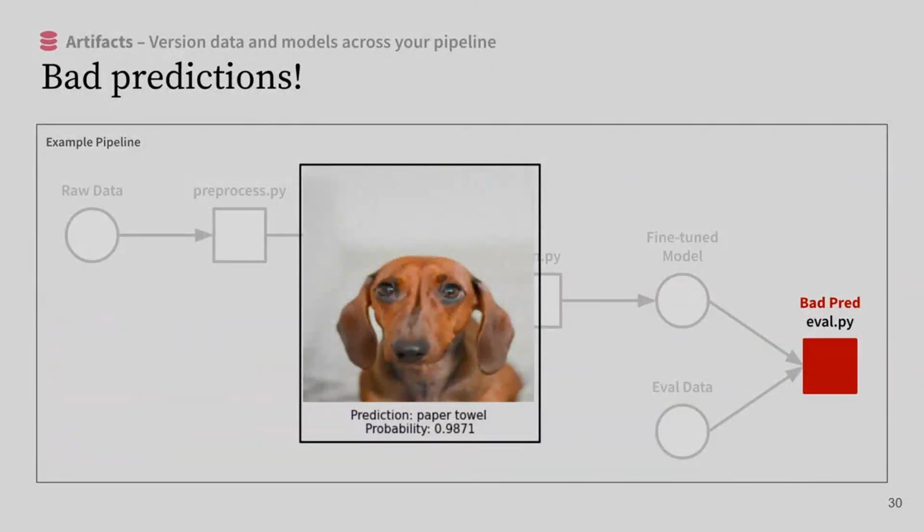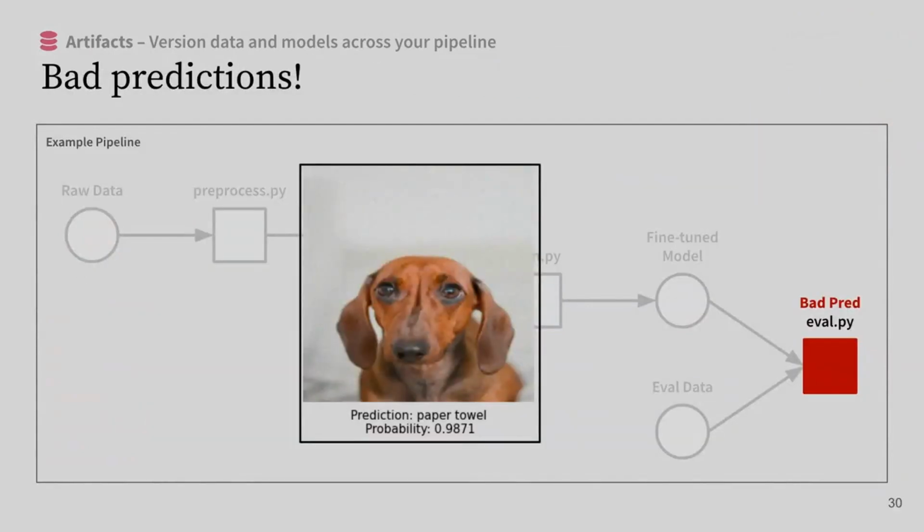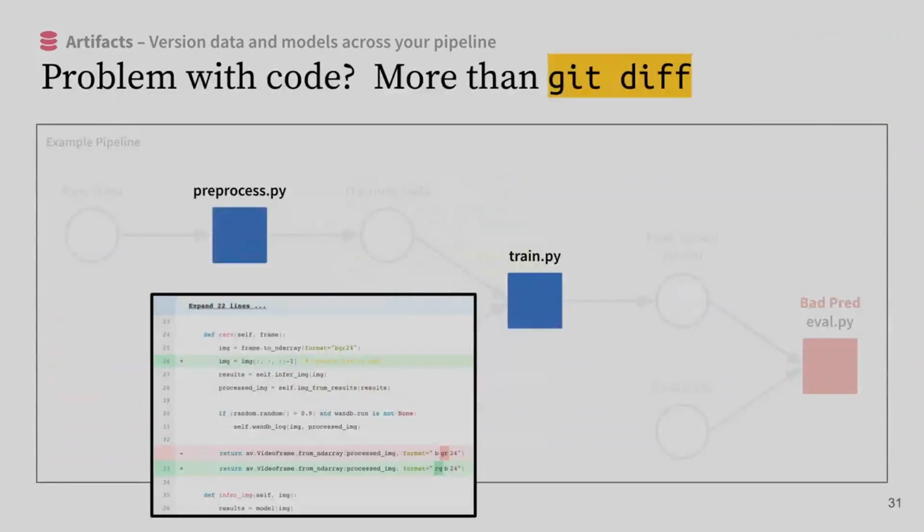We also have another tool in the ecosystem called Artifacts, which tracks the consumption and production of models, datasets, and other artifacts, for lack of a better word. And you can see that this is a bad inference. And where does that come from? Well, we have a git diff, and we figured out that someone messed up the RGB versus BGR in the images in the pre-processing platform.